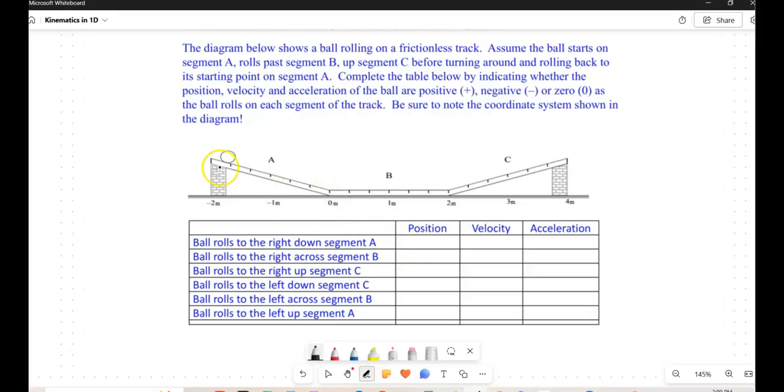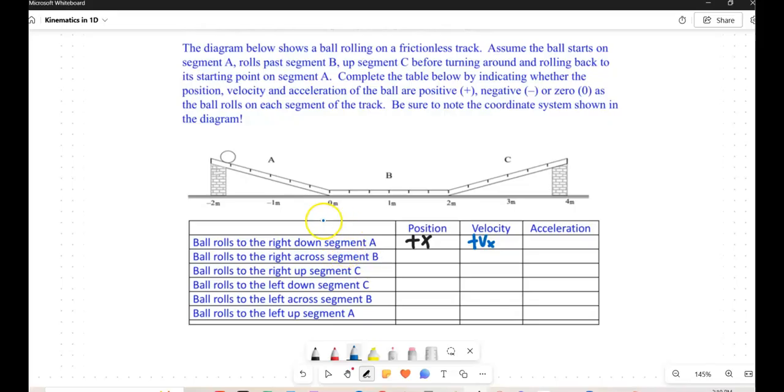So for part A, if you start out here and you're rolling down the ramp of A, rolling to the right down segment A, it looks like segment A are all negative positions, so your position is going to be positive, but your velocity vector, you're ultimately moving to the right, so that's going to be a positive velocity vector in the x direction.